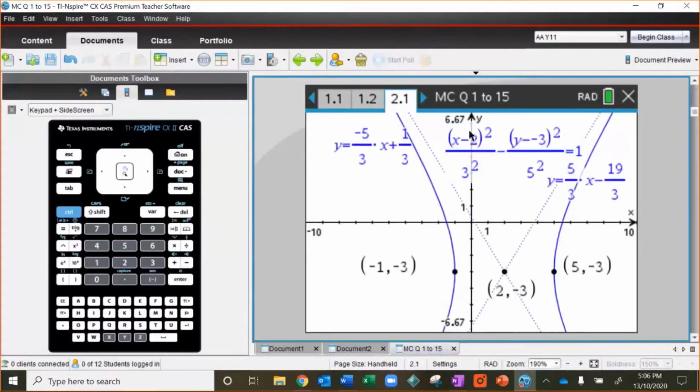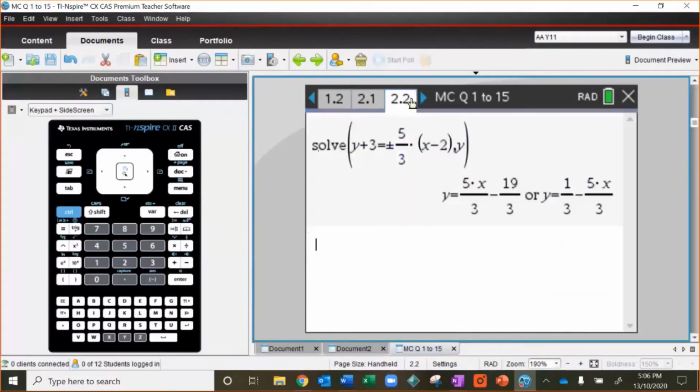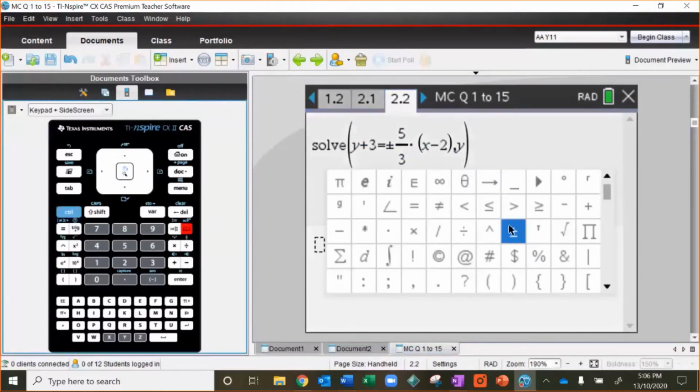We could also solve it using our skills, saying that y plus 3 is plus minus 5 on 3 times (x minus 2). If you press Control Book, you will see the plus minus sign there.